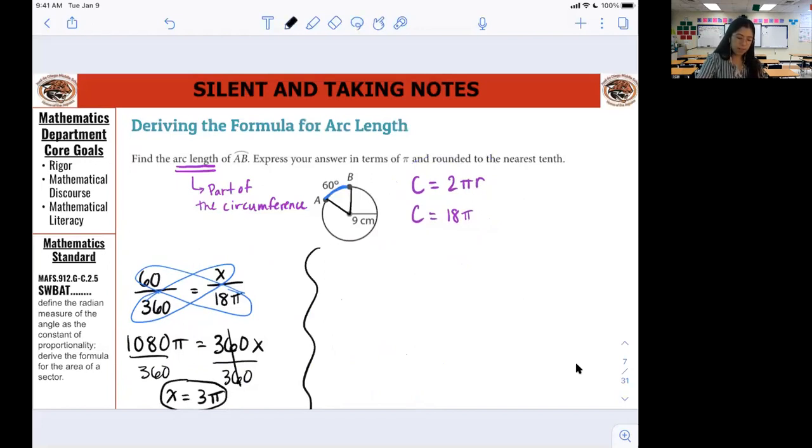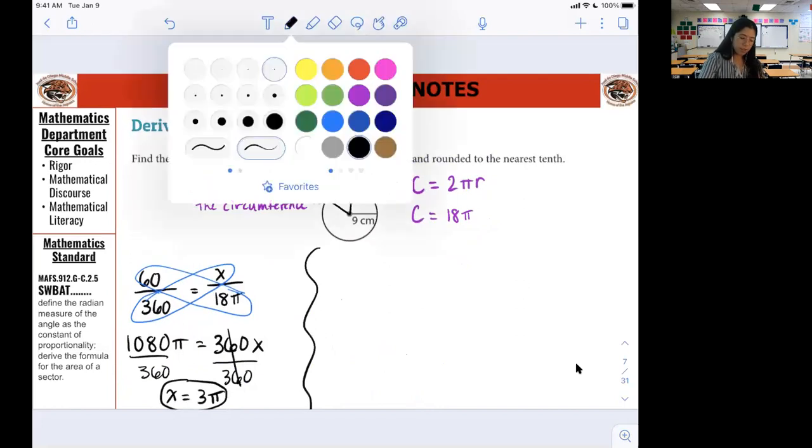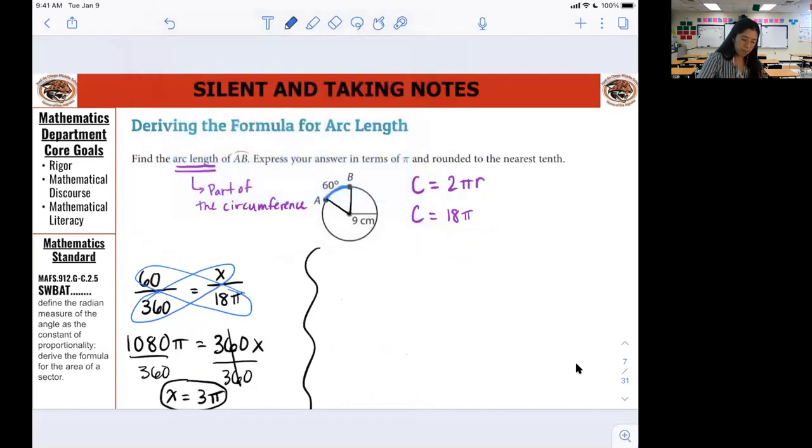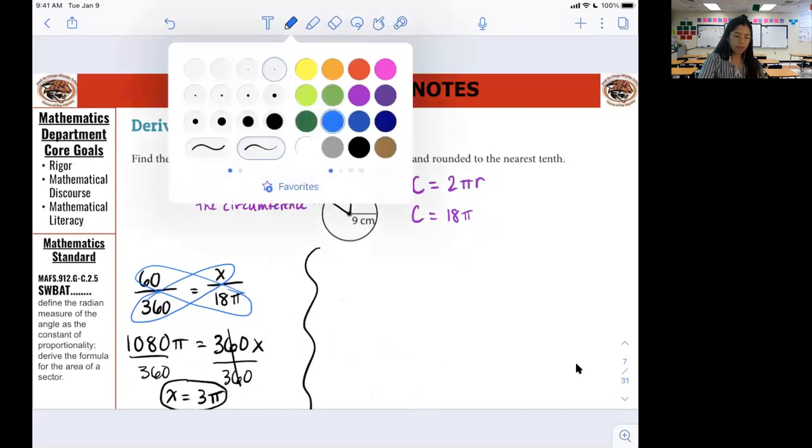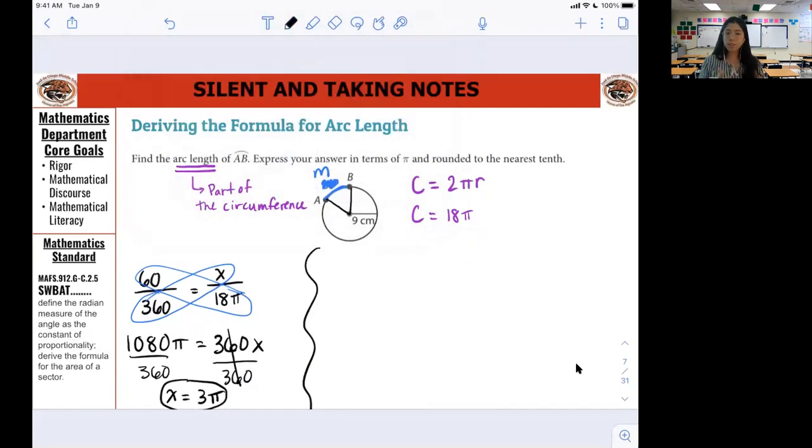So the 60 degrees, we're going to call that m, and you'll see why in a moment. So whatever that angle measurement is, on any circle, in this case it's 60 degrees, but on any circle, we're just going to call it m for now. And rather than writing the actual circumference, I'm just going to write the formula for circumference, 2 pi r.